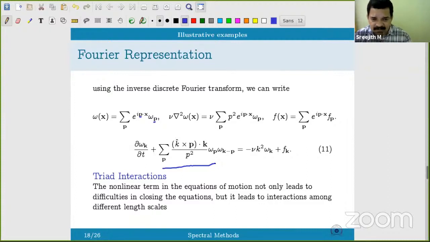So the nonlinear term in the equation of motion leads to difficulties in closing the equations, but it also leads to interaction among different scales. So different scales are produced. And then the diffusion term and the forcing term come into play.